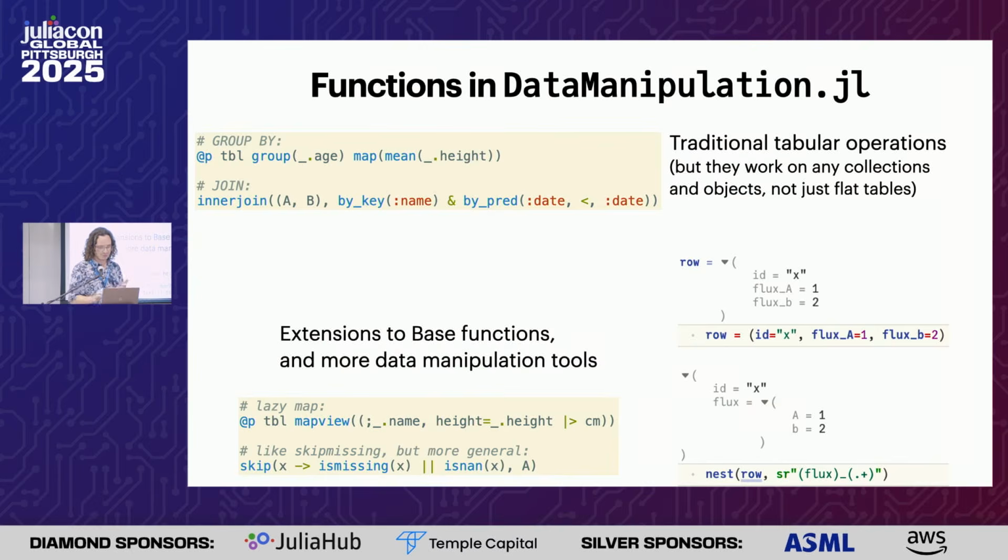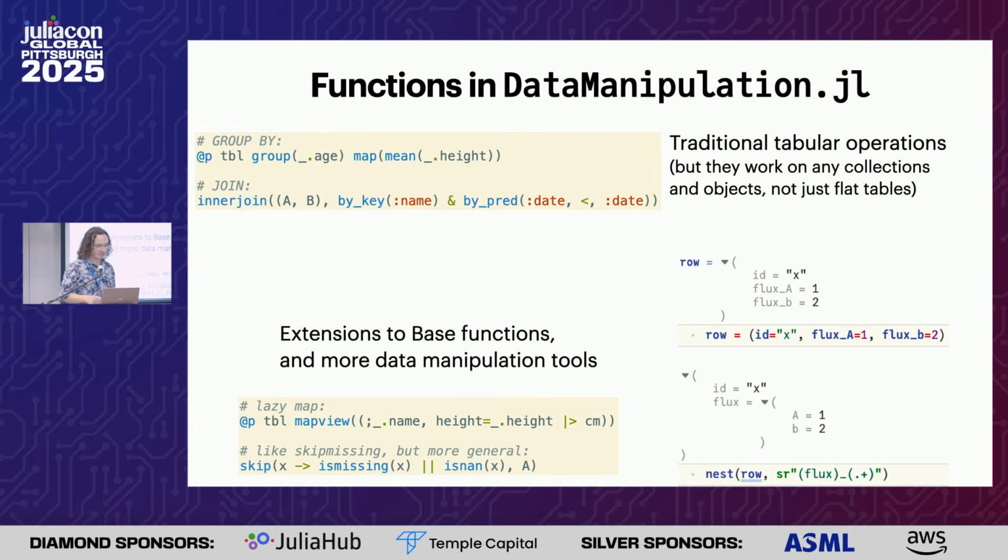And now a quick overview. Of course, I won't give you a complete description of everything that's available. It has traditional tabular operations that work generally how you expect. They take any collection in. It doesn't even have to be a table. It can be a collection of arbitrary objects. You can do grouping, joining.